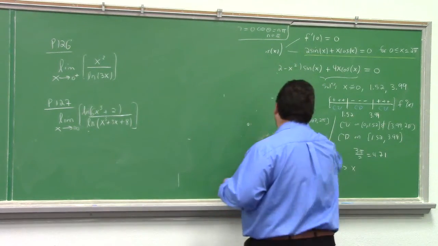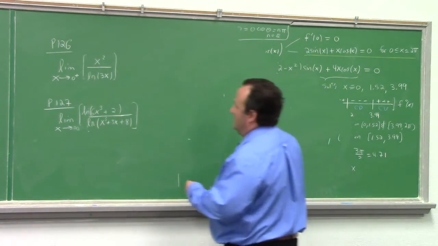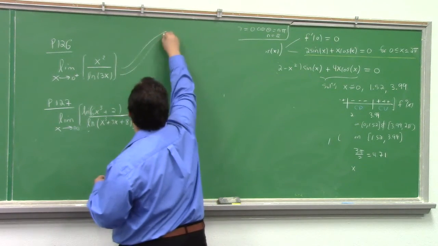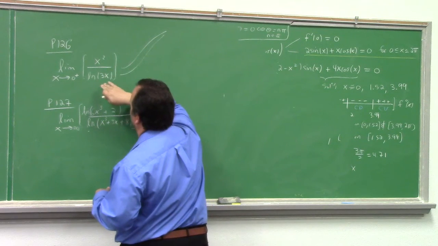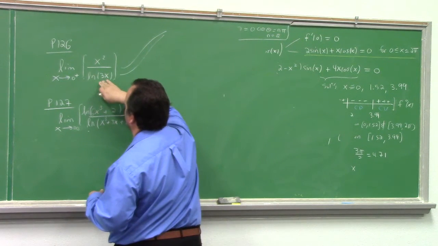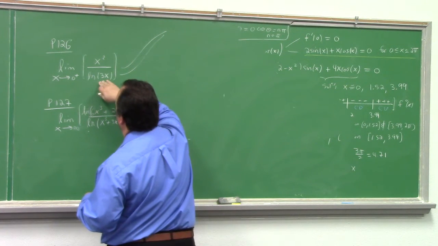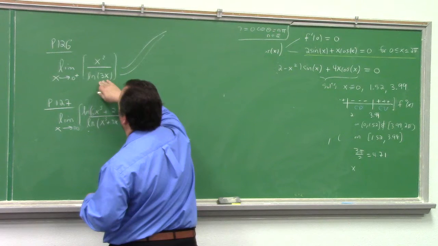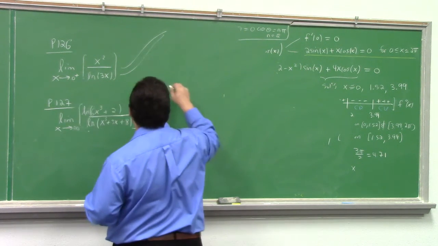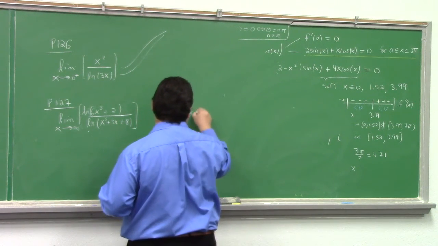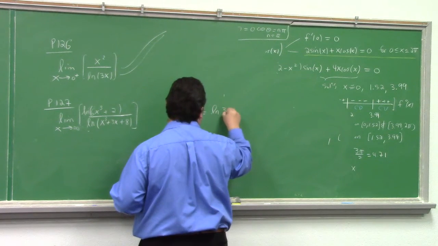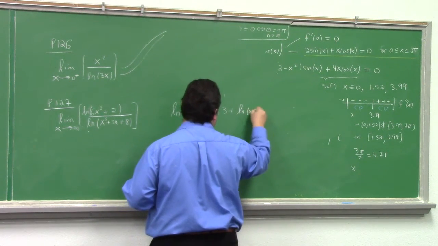Let me work it out. So this goes to infinity, and excuse me, that goes to 0. And what does natural log of 3x do? x goes to 0 from the right. Notice that natural log of 3x is the natural log of 3 plus the natural log of x.